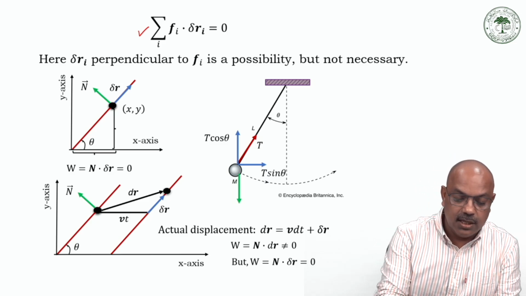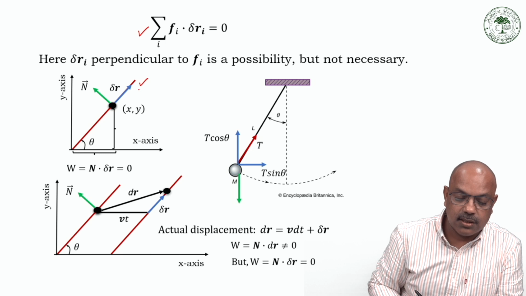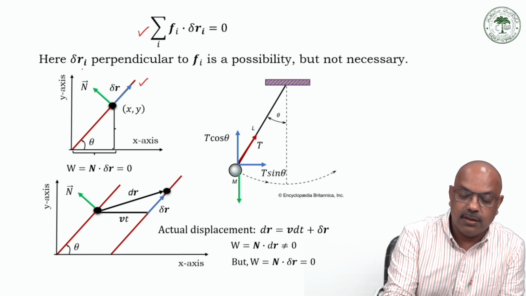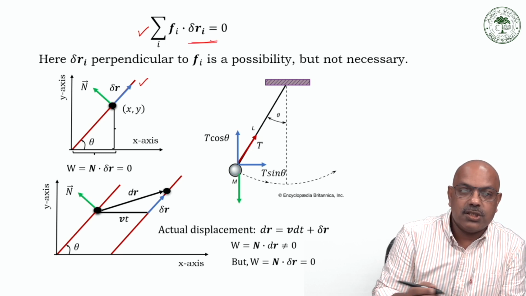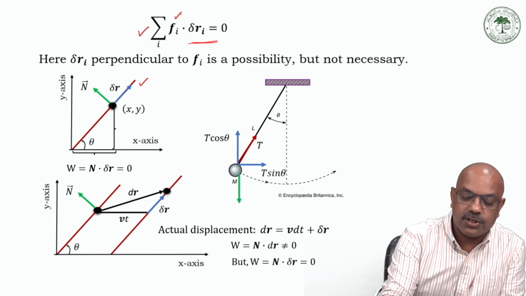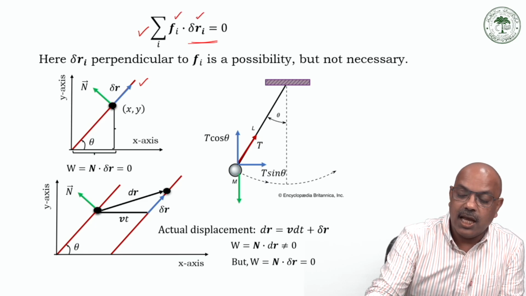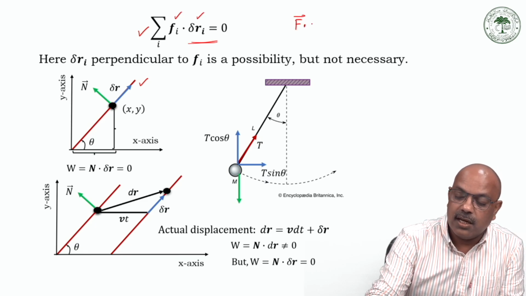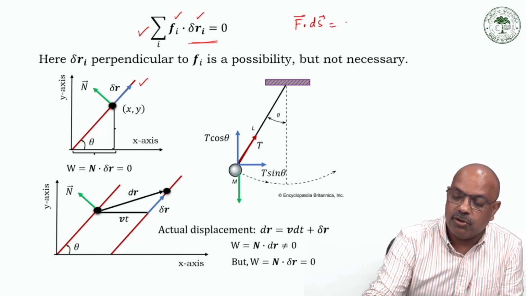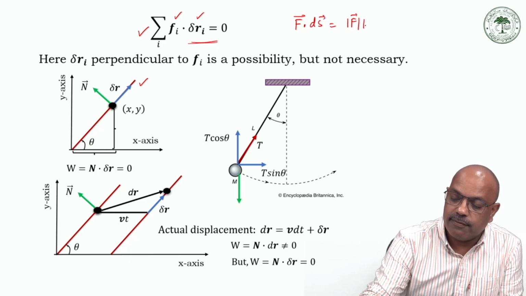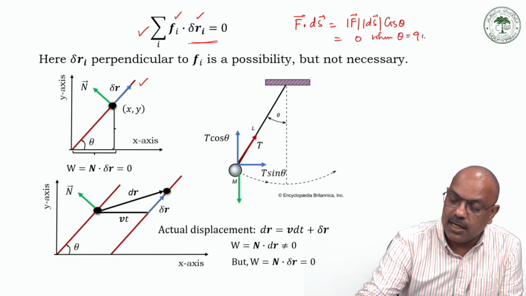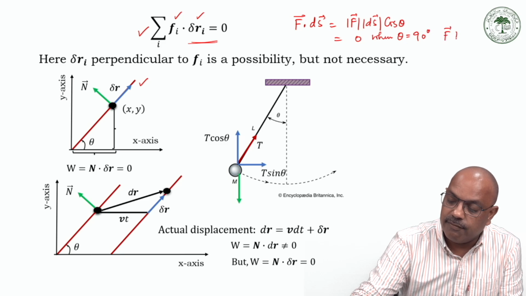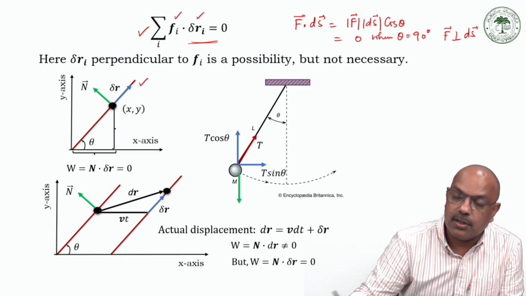For example, if you see the bead sliding on this one, where delta R. When is this going to happen? Only when this force is perpendicular to the delta Ri, because you define F dot ds as F ds cos theta. This is going to be zero when theta is 90 degrees, or F is perpendicular to ds.